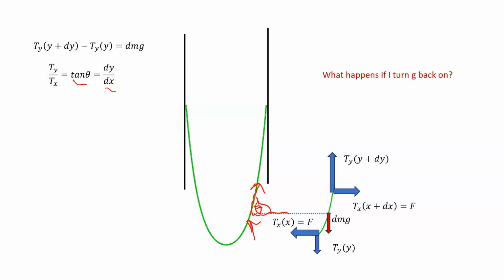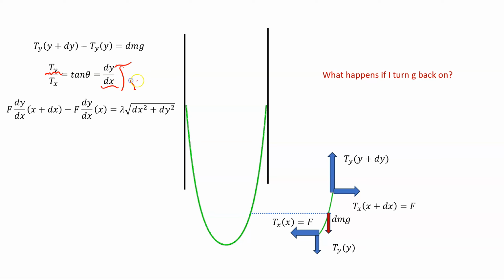One thing to note really quickly, it'll come up again in just a second, is that notice that that angle changes. Down here it's phi and up here it's theta, and those angles are different. Not only is the tension a function of where I am, but the slope of this curve is a function of where I am. So if I wish to include all that information, one thing I can say is let's replace dy by dy dx times Tx.